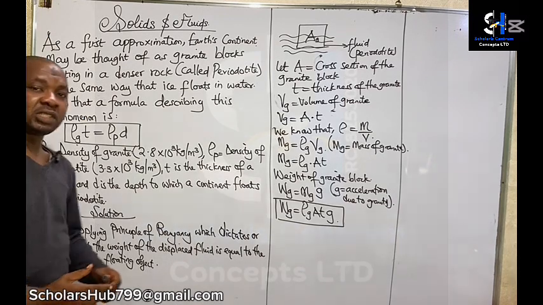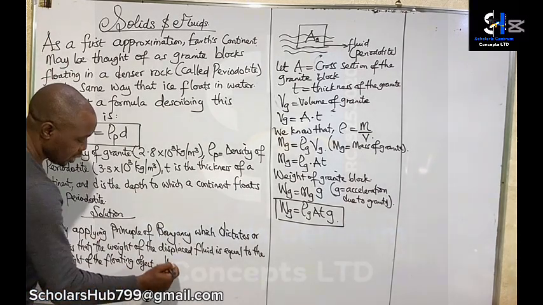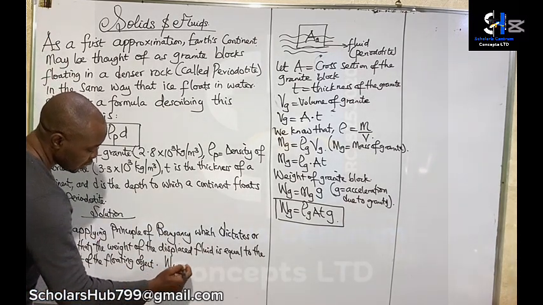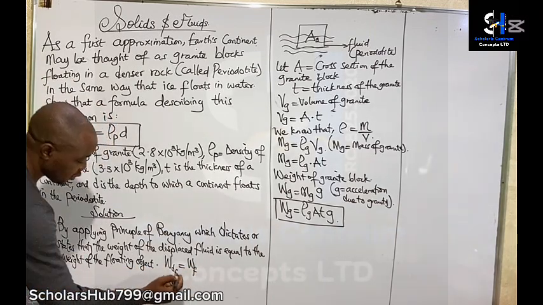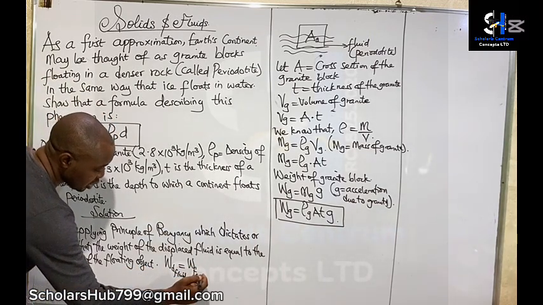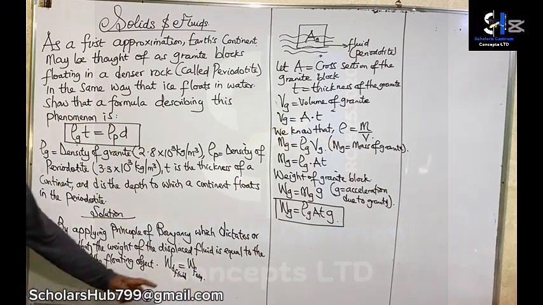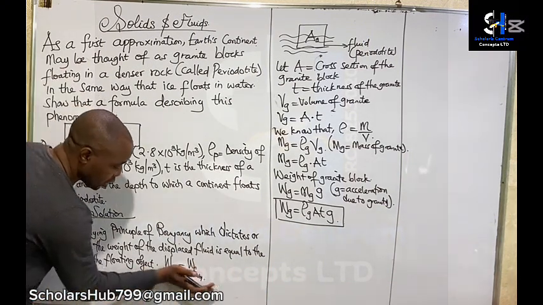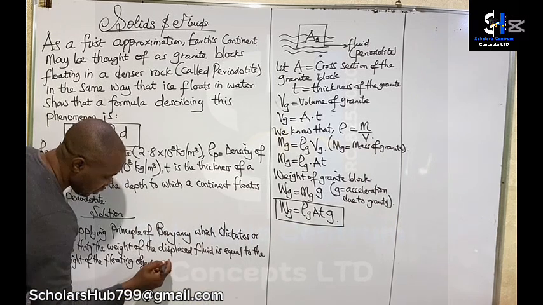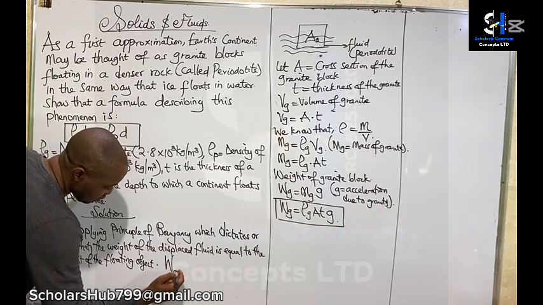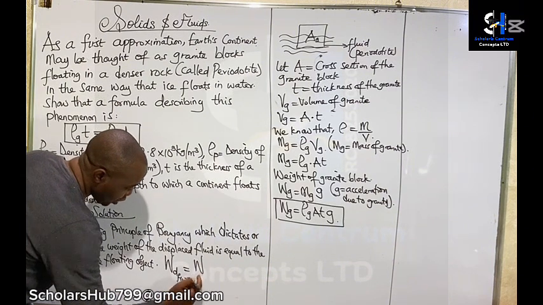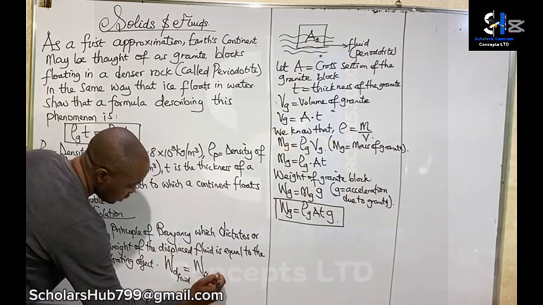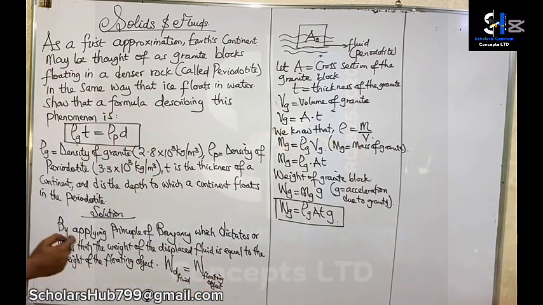So this is fluid and this is what? Object. Weight of the displaced fluid is equal to weight of the floating object.